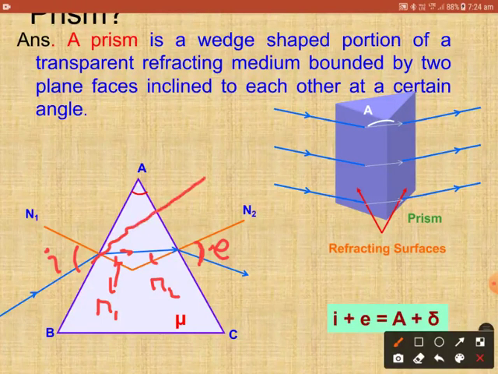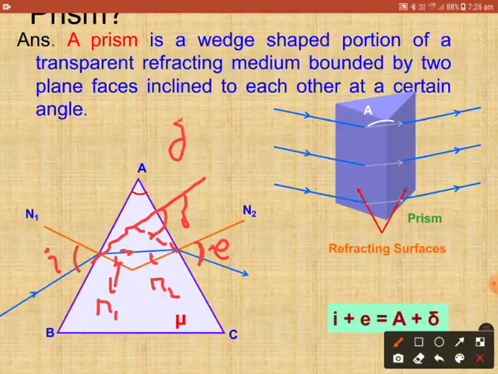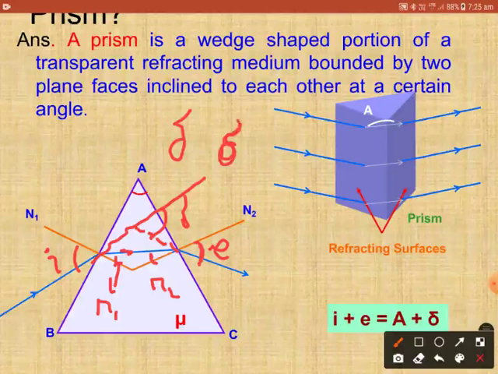The angle between the emergent ray and the direction of the incident ray we call the angle of deviation, and it is denoted by del or D. It is just like a D, but not actually D; it is denoted by del. You can also denote it by small d, the English letter, but it looks like a del. This is a Greek letter, not an English letter, right?